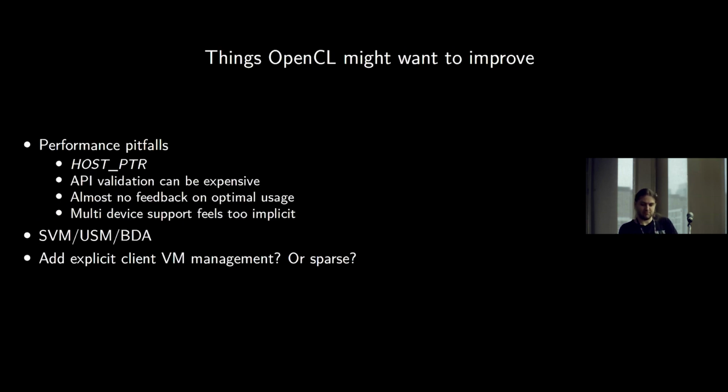So what are my future plans with this? I think there are a couple of things OpenCL should be working on, and it's my personal opinion, having implemented basically the entire API, on which aspects of OpenCL I find interesting or a little bit annoying to implement. The first thing I ran into was host pointers.